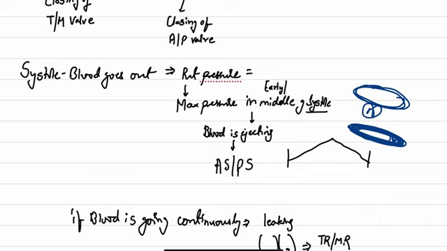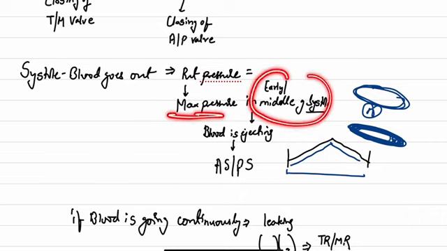So the pressure is increasing in the ventricle slowly, and when the pressure is maximum, the sound audible in the stethoscope is the maximum, and then it decreases. This is the crescendo-decrescendo murmur, increasing and then decreasing, because the pressure in the middle of the systole is the maximum.